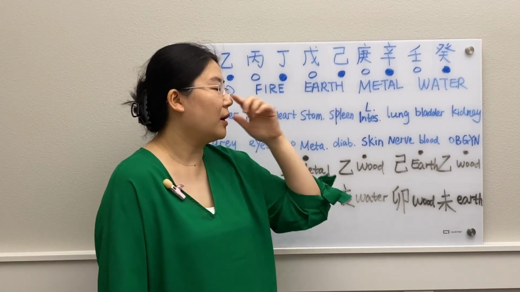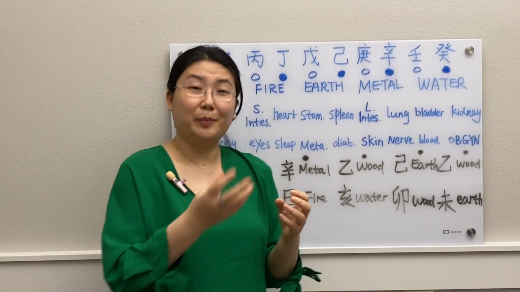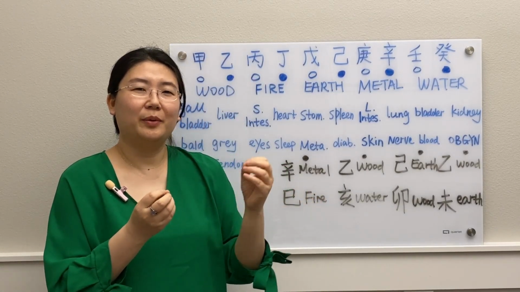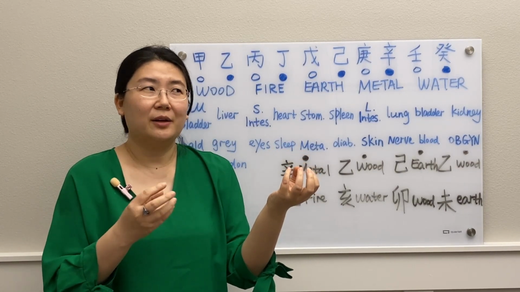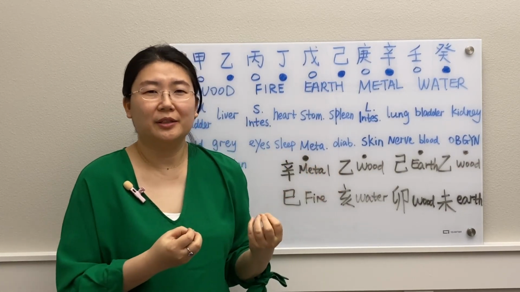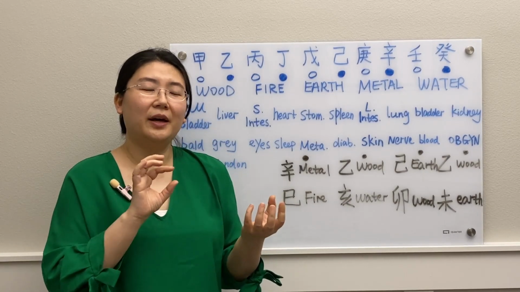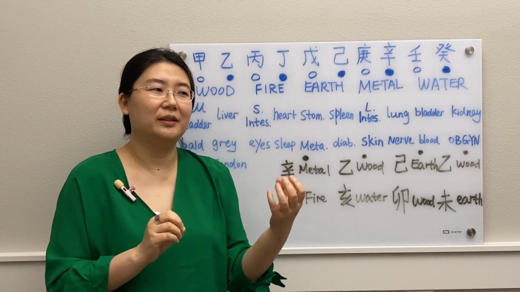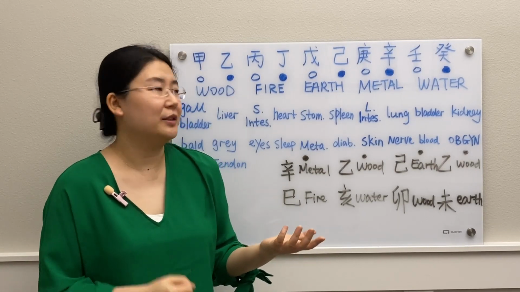I've seen in charts that if the metal component, which supports and grows water, is so strong to the point that water is already an out-of-balance element, that equates to high blood pressure. On the contrary, if that supporting metal is lacking and the water is already out of balance, that's typically low blood pressure.